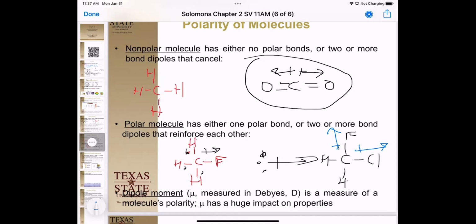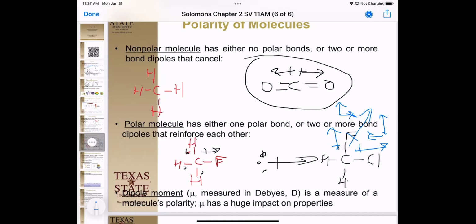So if we look at this arrow here, it has a component that goes that way and that way. If we look at this arrow, it's a vector that has a component going that way and that way. Okay. So what we're going to do is cancel the ones that are going in equal and opposite directions and add together the two that are going in the same direction.